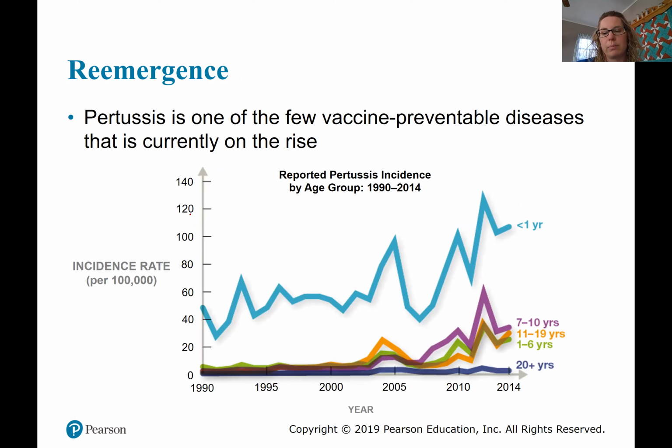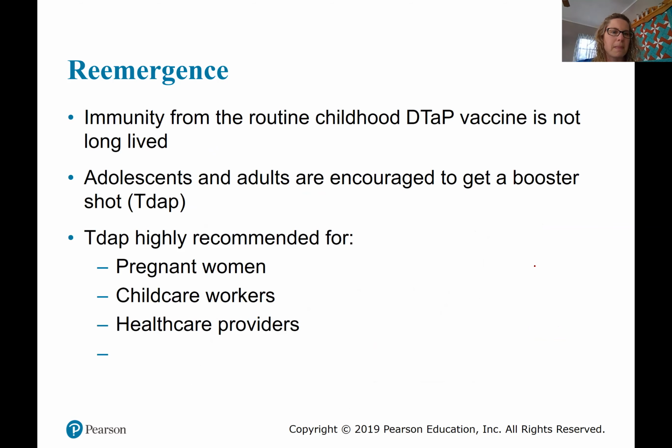Pertussis is a vaccine preventable disease. And so here shows incidence by age over the years. And so young children have always been the highest group, but we have seen some rises in older children and some adults.